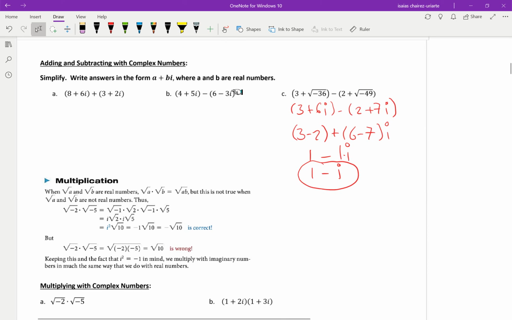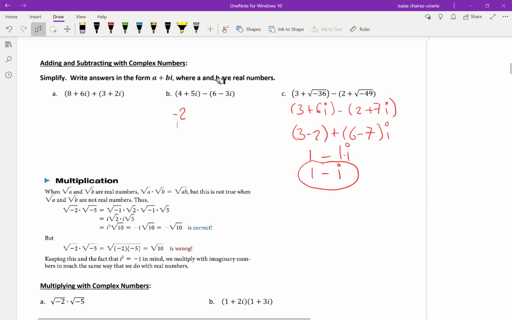The other ones are a little bit more straightforward because the complex numbers were already given in complex form. So here I'm going to say 4 minus 6, so that becomes negative 2. I had to do this real part minus this real part. That's why I end up with negative 2. Be careful with the signs here. And now I'm going to say 5 minus negative 3.